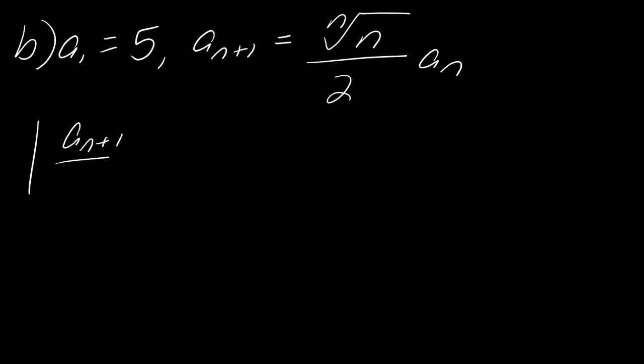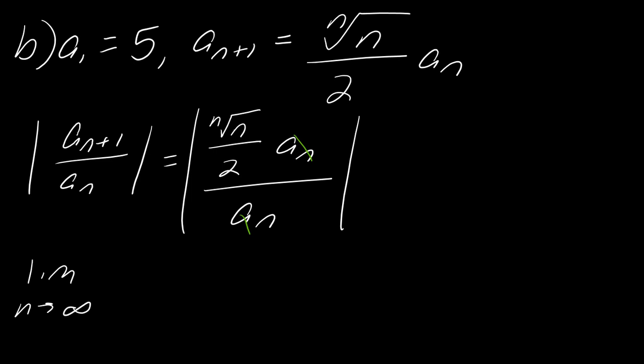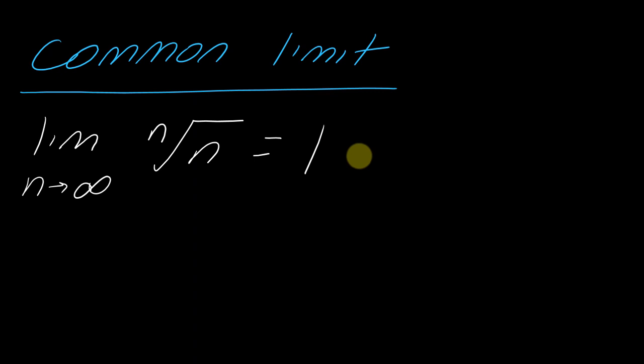All right, so I'm going to set this up again. Same idea. I've got the nth root of n over 2 times a sub n, all of this over a sub n. Once again, the a sub n's are going to drop out, so I can just take the limit as n approaches infinity of the nth root of n over 2. Now, the limit of the nth root of n is actually one of the common limits.